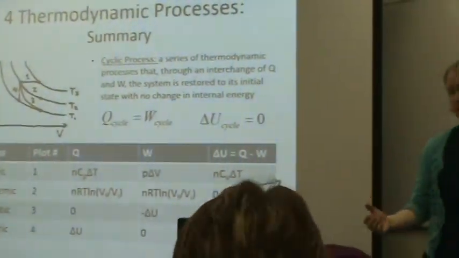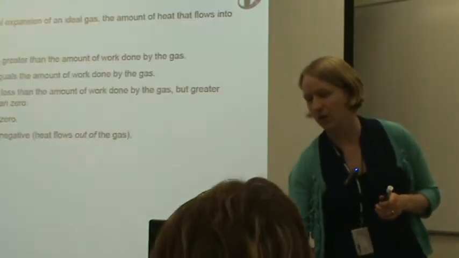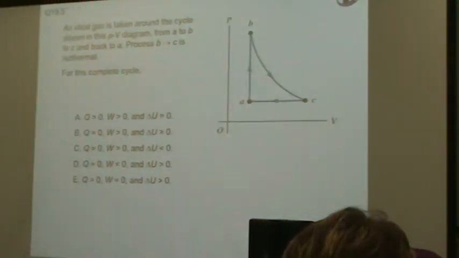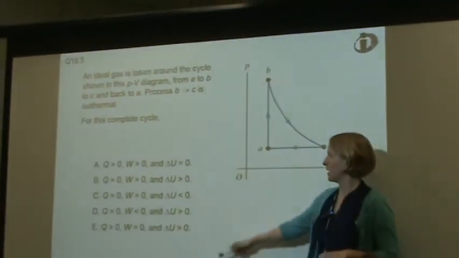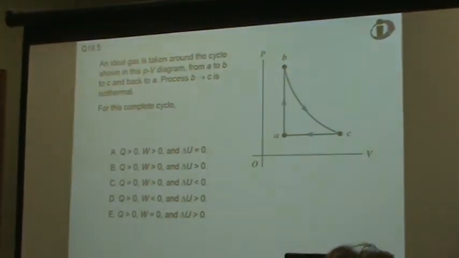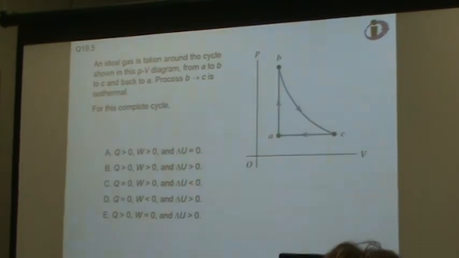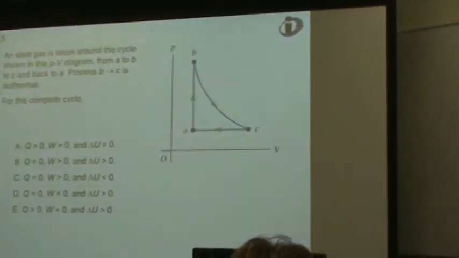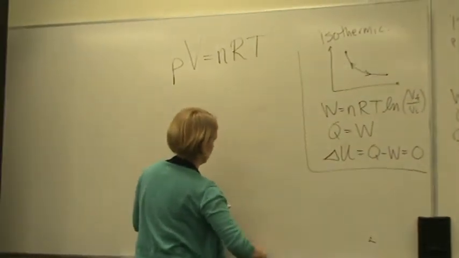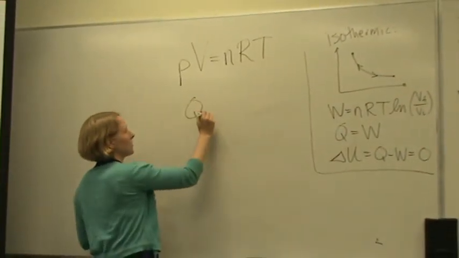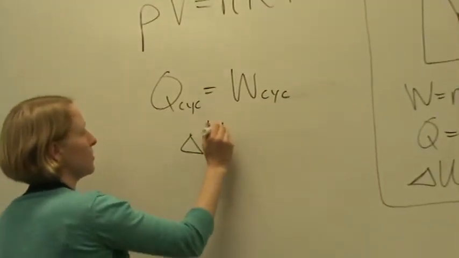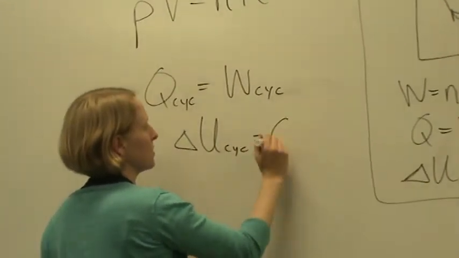So using John's logic about how we figured out work is positive, then we know that Q must be positive, and so that makes answer A the correct answer. So the only thing that's not on the board that would have been necessary to help answer this question is Q cycle equals work cycle, and delta U for the cycle equals 0.